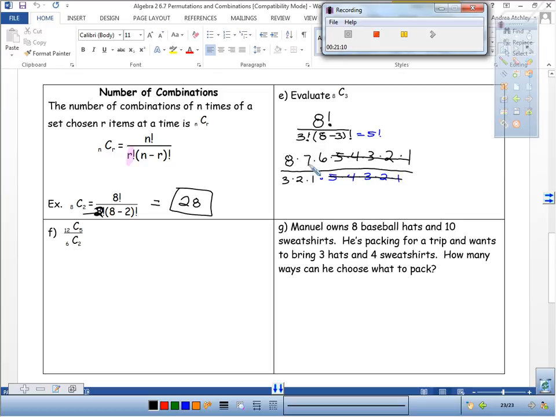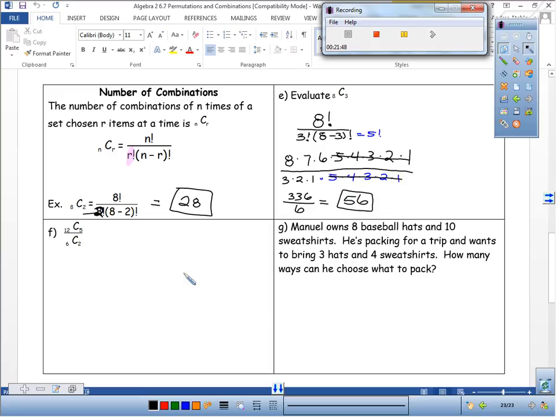But then you have 8 times 7 times 6 on the top, and that is what? 336, divided by the 3 times 2 times 1, which is 6, and you should get 56.